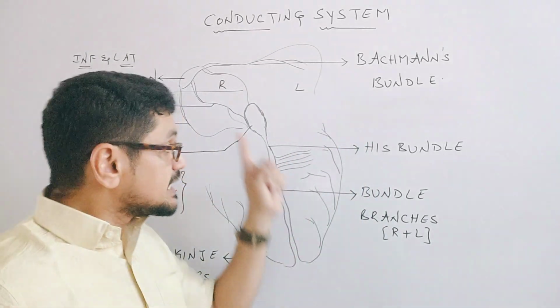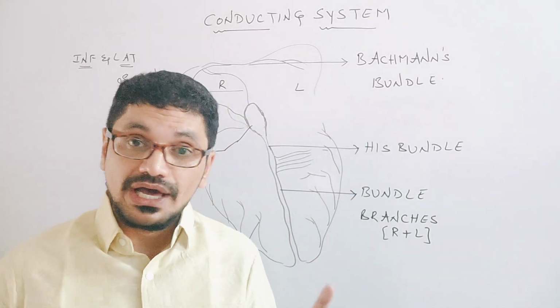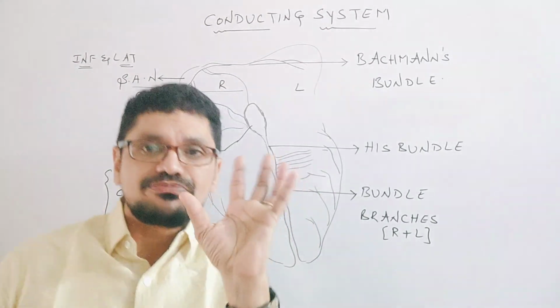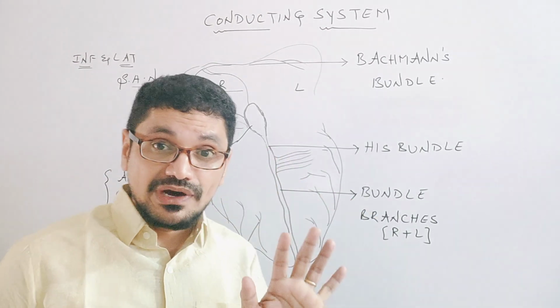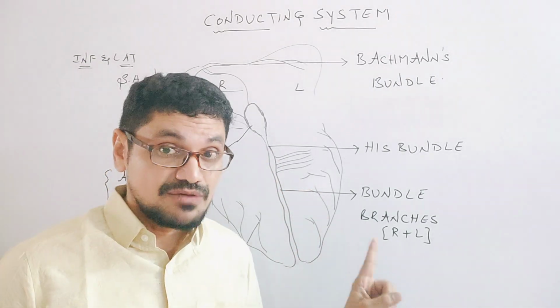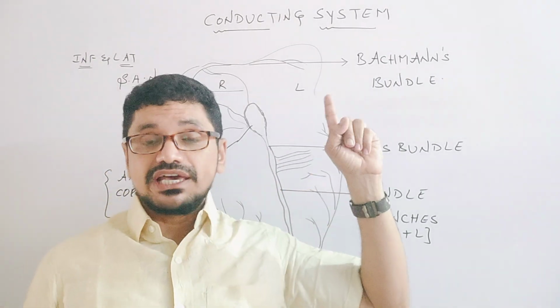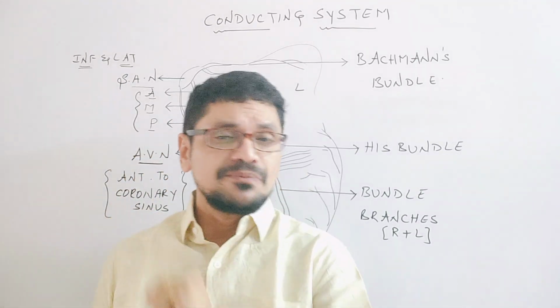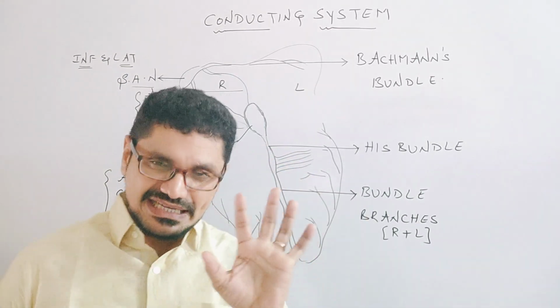And in the absence of the AV node, what happens? The ventricles will stop for a very brief period of time, and then the Purkinje fibers will come into action. If the AVN fails, then the Purkinje fibers will try to make the heart beat, but the number of beats will be very low, less than 40 beats.